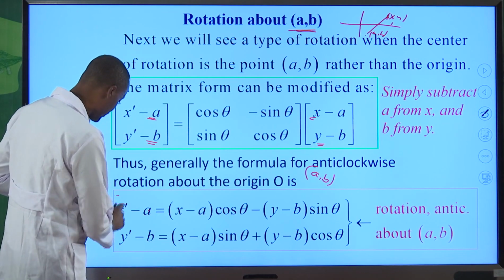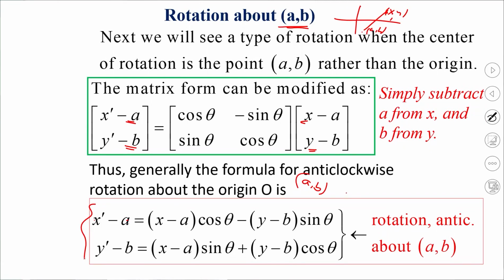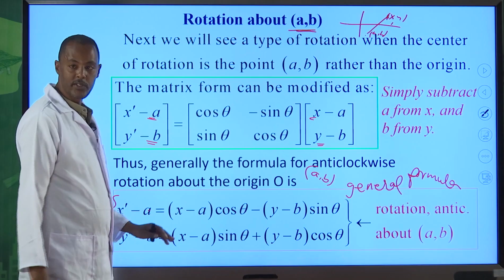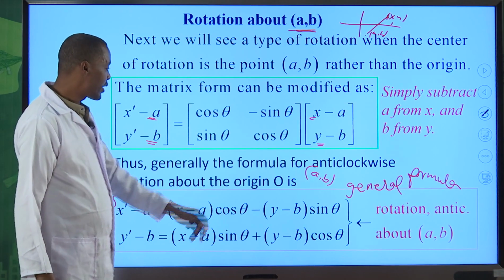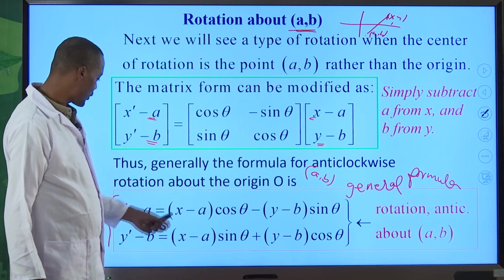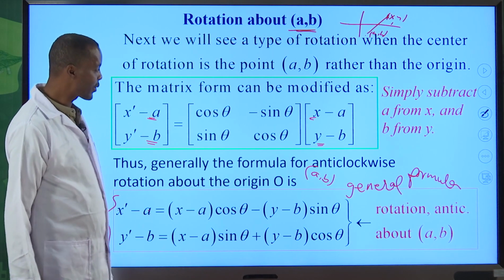This is a general formula. So in this general formula, we have x prime minus a is equal to x minus a into cos theta minus y minus b sin theta. Y prime minus b is x minus a into sin theta plus y minus b into cosine theta. If the rotation is about the origin, make the a's and the b's to be 0. If otherwise a and b is a new coordinate as the center of our rotation, just keep them, and that is the general formula.